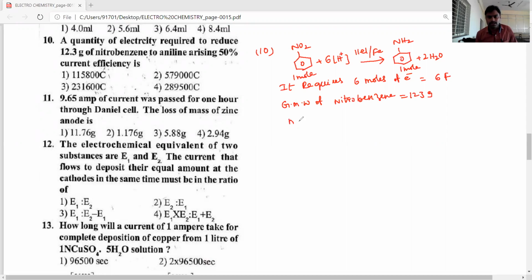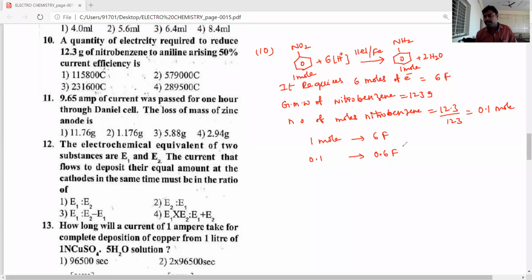The number of moles of nitrobenzene is equal to weight by gram molecular weight, 12.3 grams by 123, which is equal to 0.1 mole. Okay, 1 mole of nitrobenzene requires 6 faradays. If it is 0.1 mole, it requires 0.6 faradays.